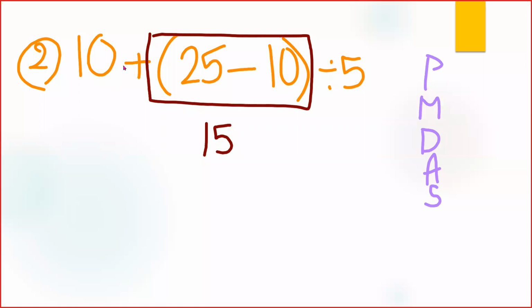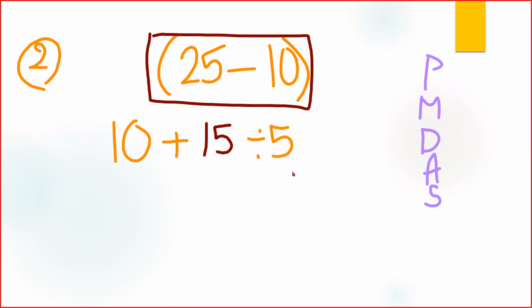So for this number here, I will write instead of it 15. Then I will get down the plus sign, the 10, and the divide by 5. Got it now? How did you solve it? Now, what do you have to do next?